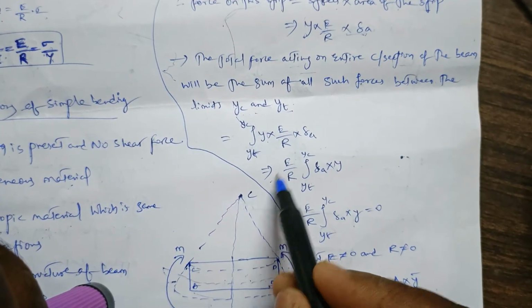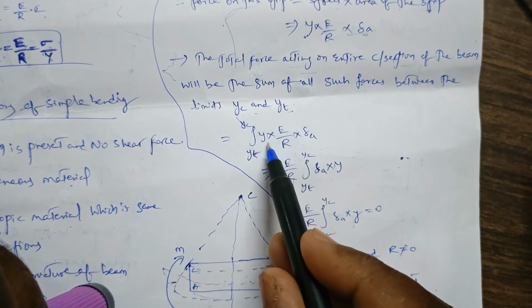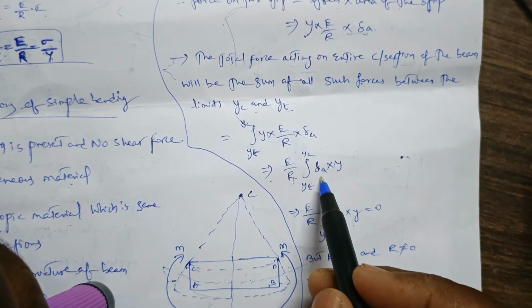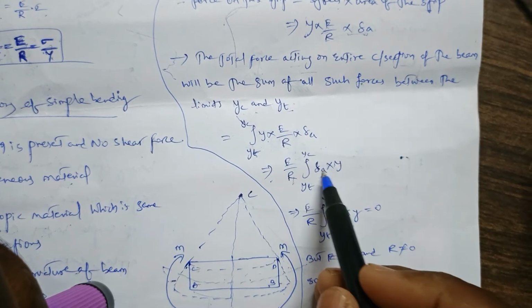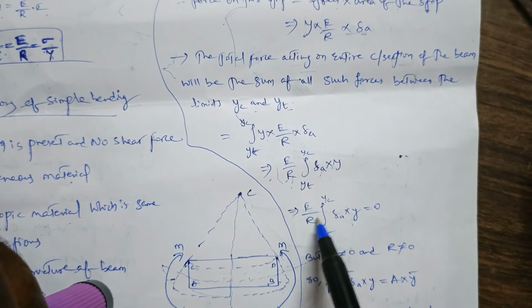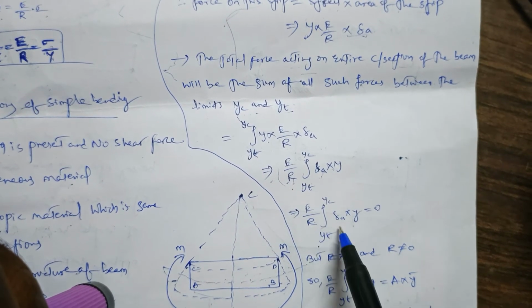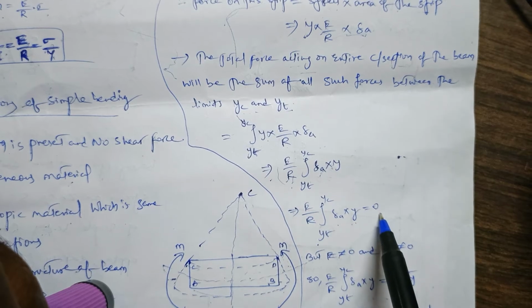This is written as E by r into the integration from yc to yt of sigma a into y, and this is equal to 0.